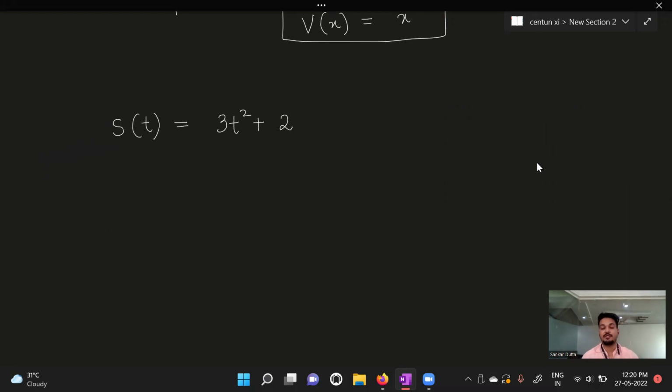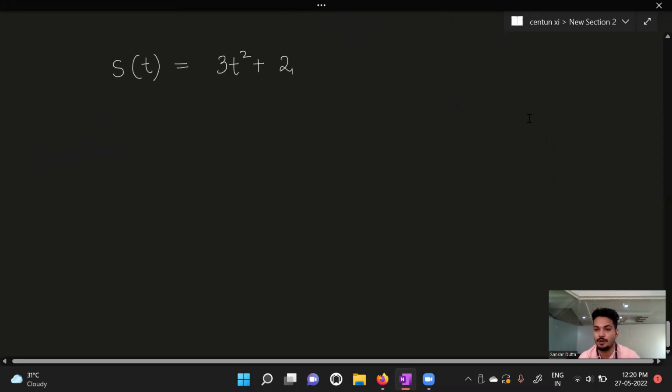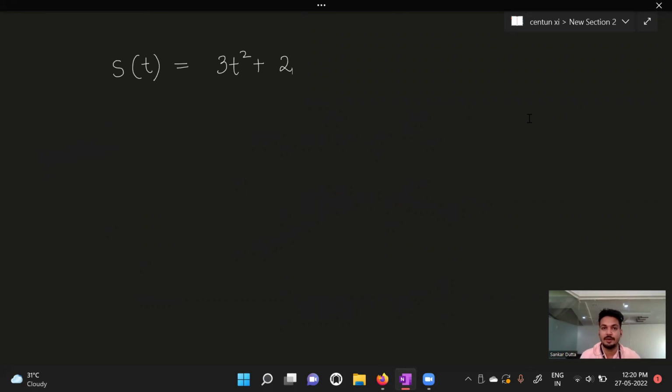What does this mean? First of all, when you are given a function, without going into what the question is asking, first analyze what the function stands for. Try to understand what this equation means to you. So what this means is that you have some imaginary body, and you are also measuring the time.